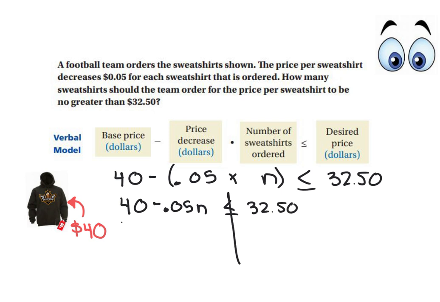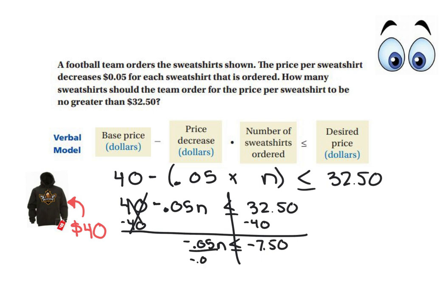Now we can take away 40 from both sides. Opposites cancel. Negative 0.05n. And on the right side, we have negative 7.50. So then the last thing we do is we divide both sides by negative 0.05.